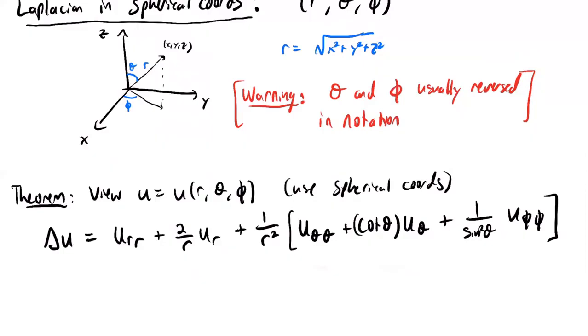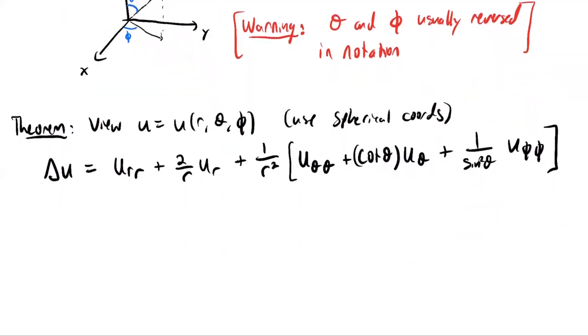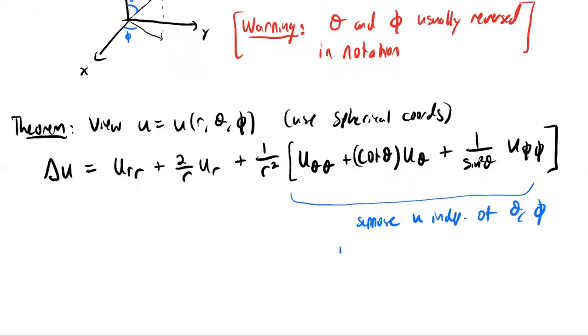And so to finish the lecture, we're going to do a similar type of analysis to what we did in the two-dimensional case. Let's suppose I have a function u that doesn't depend on theta or phi. So suppose u is independent of theta and phi, so u is just some function of r.